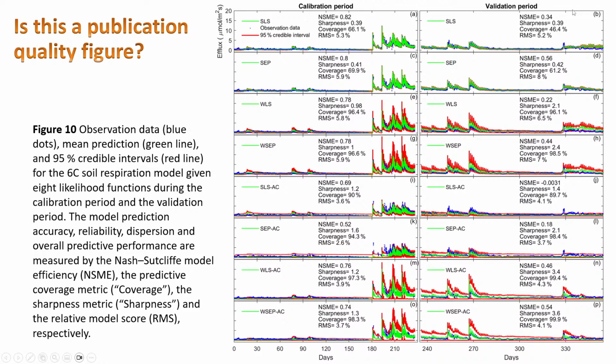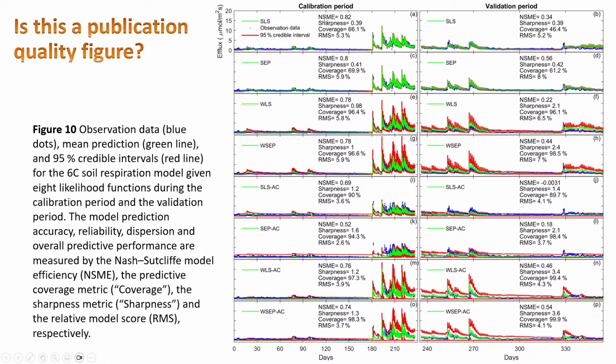So here you see this number, the predictive coverage. Predictive coverage means I'm covering all of my data. So you see this model, for example, some of the data is not covered by it. This one is covering all the data. Yeah. And sharpness metric. Sharpness tells you how wide or narrow this is, and the relative model score will give you the overall model performance.